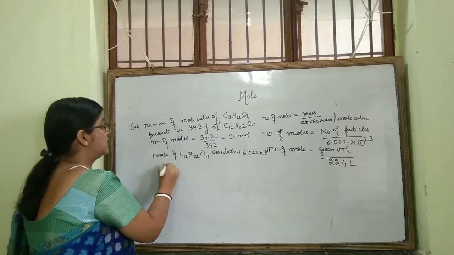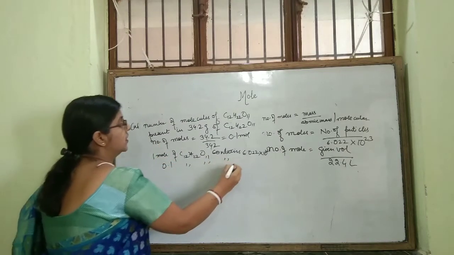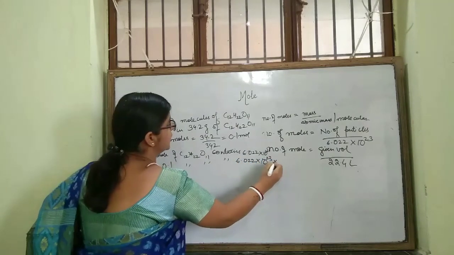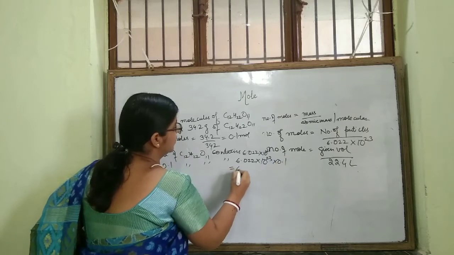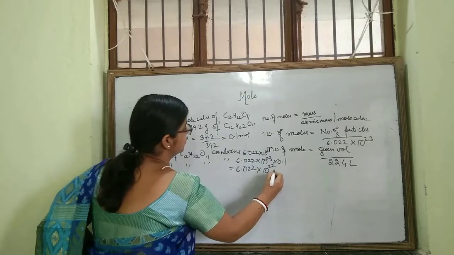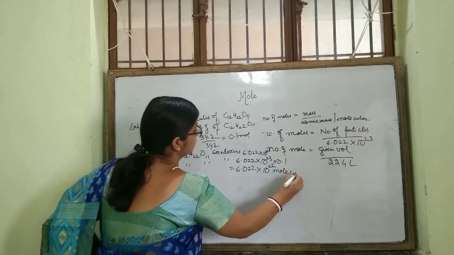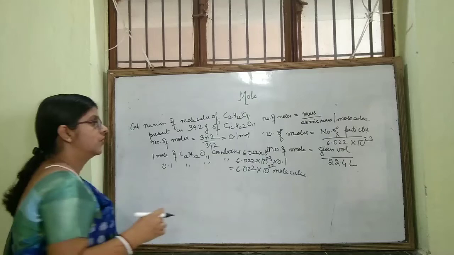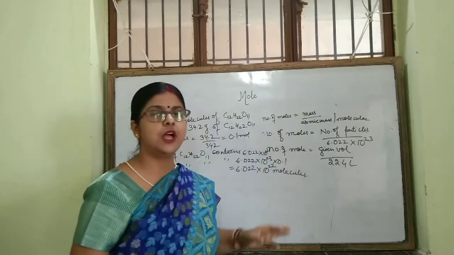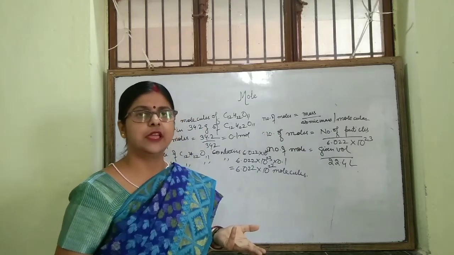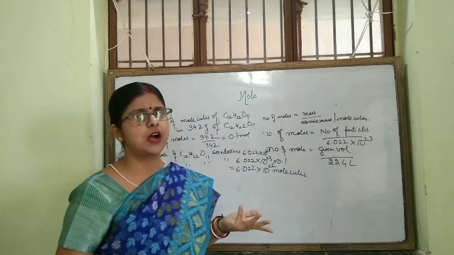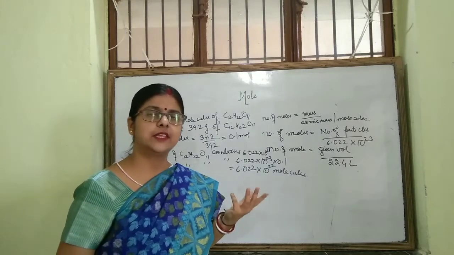Now, in 0.1 mole, how much will it be? 6.022 into 10 to the power 23 into 0.1, that will be equal to 6.022 into 10 to the power 22 molecules. So simply you use this concept, this formula, you can easily calculate the number of molecules or mass if any other thing is given.